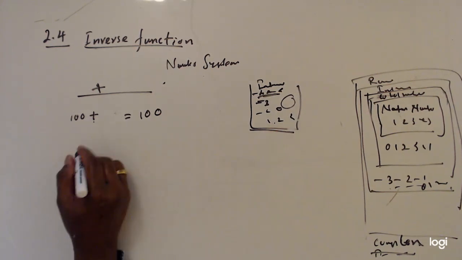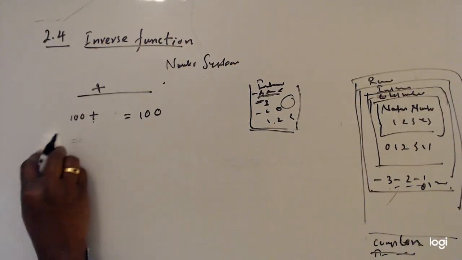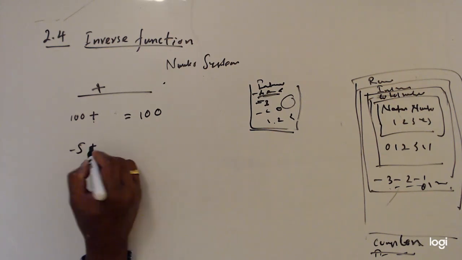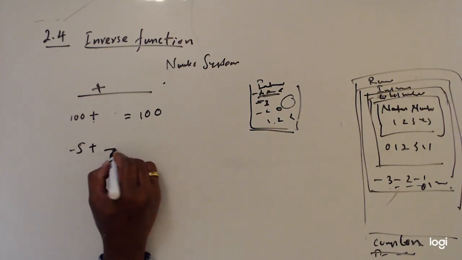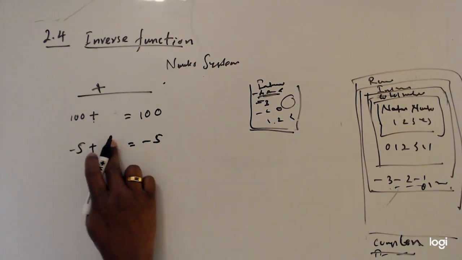And assume another number, 99 or minus 5, then when you add a number, you will get again minus 5.